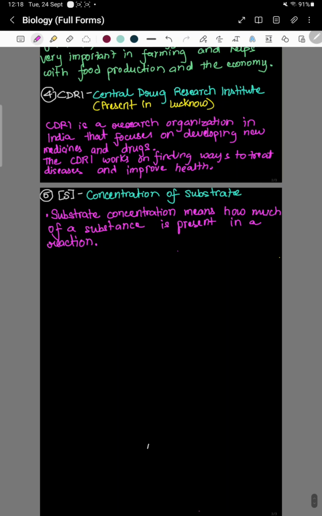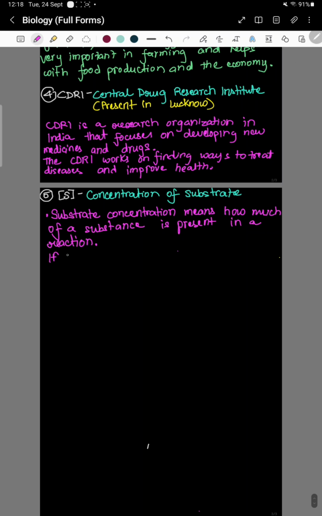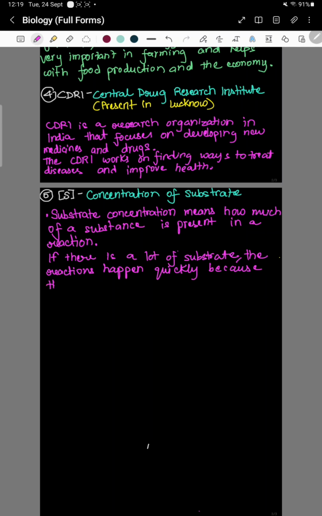So if there is a lot of substrate, the reaction happens quickly because there are enough materials to react.